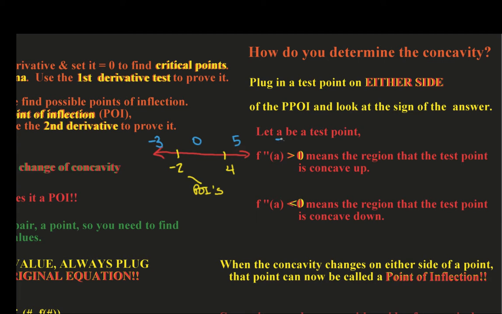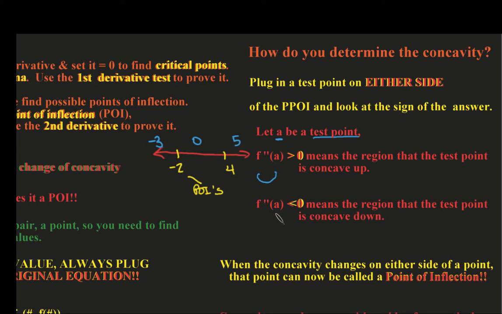Okay, so I'm letting A be my test point. And when I plug in, this means plug in A into your second derivative. If it's greater than 0, it's concave up. The easy way to remember this is, what do positive people do? They always smile. So smiling is the same as concave up.